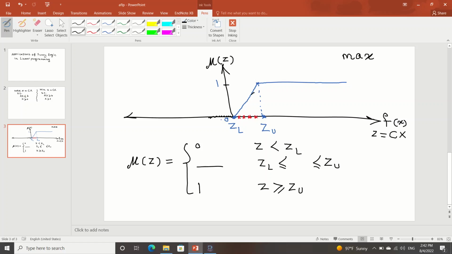For example, this line with intersection of the parallel line with mu or membership function axis, you can see this point. This point is variable membership, and we can determine it with this fractional equation that you see. I will explain.